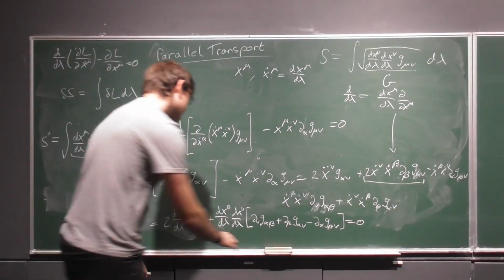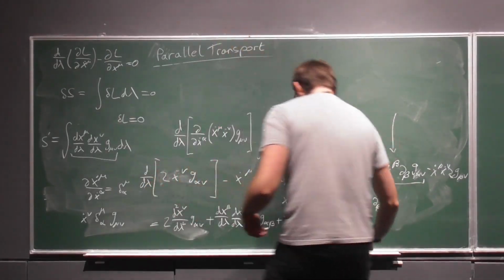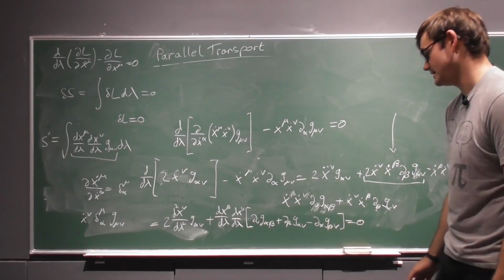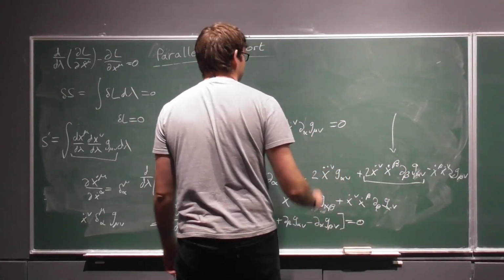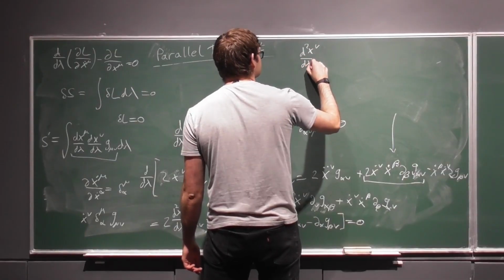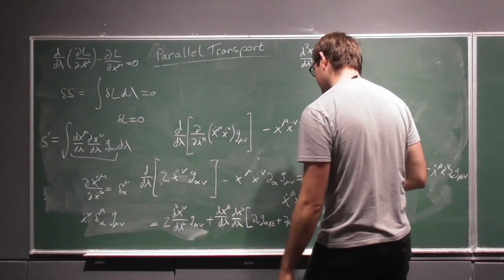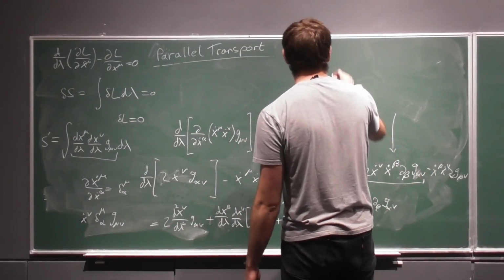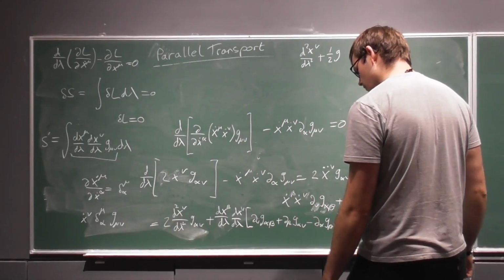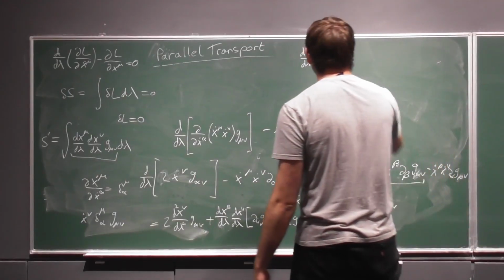Okay, one last thing to do. I'll make space up the top. We're going to divide by 2 and do the same trick we did in the last lecture of multiplying by the inverse metric. So that completely gets rid of these from here. So then we're going to get plus a half. Now, we have to be careful with what index we go for. We'll say we multiply by g alpha mu.